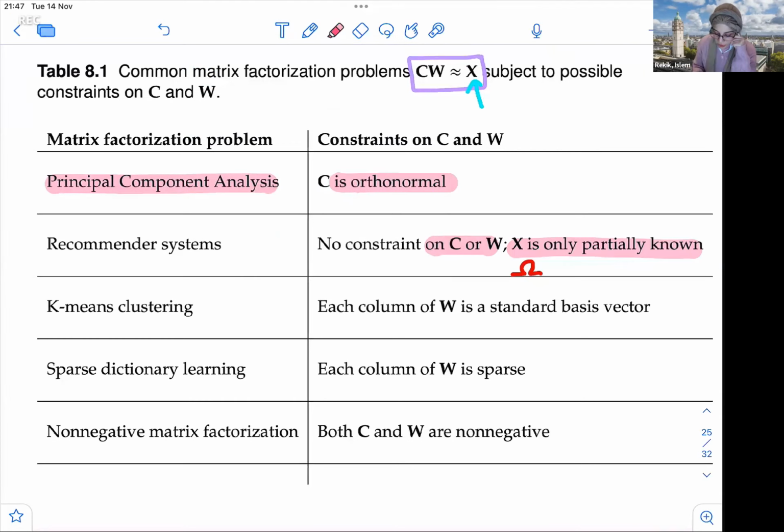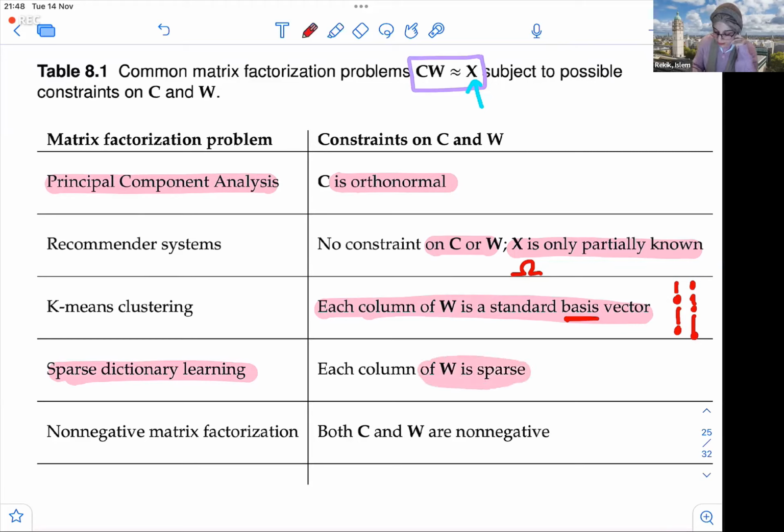In K-means, each column of W is a standard basis vector. A standard basis vector means you have 1 and lots of zeros, or 0, 1, lots of zeros, etc. Only one entry in the vector is allowed to take the value 1, and the rest is set to 0. The next example is sparse dictionary learning or sparse coding, where each column of W is sparse, which is what I explained.